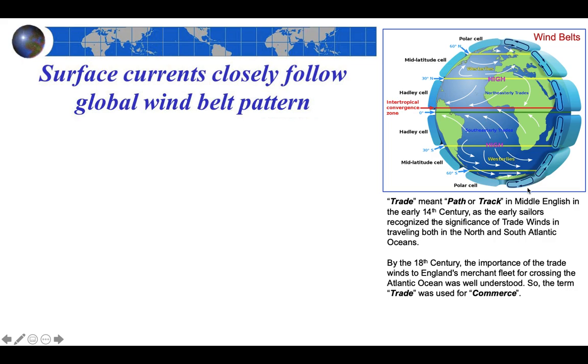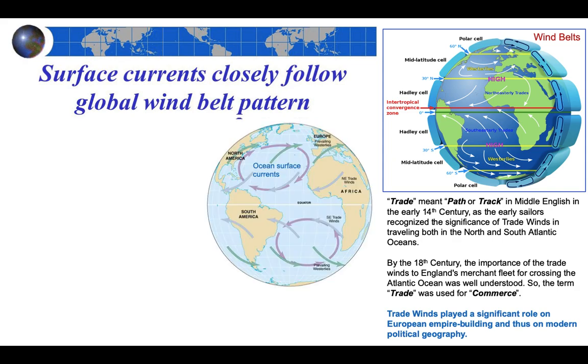And so, to some extent, trade winds basically ushered in the colonial forces across the oceans, particularly by the British, Portuguese, and Dutch. So trade winds played a significant role in European empire building and thus modern political geography.